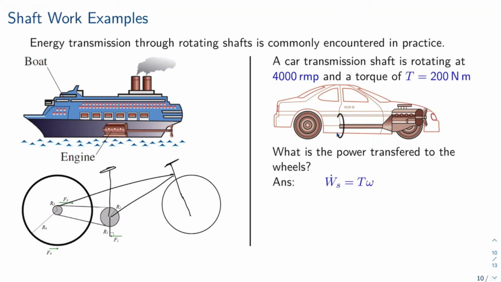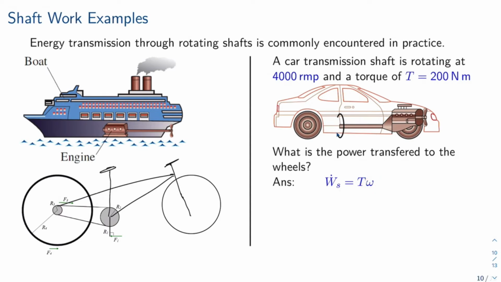So in this example, the car transmission shaft is rotating at 4,000 rpm, and a torque of 200 newton meters is applied. The question is, what is the power transferred to the wheels by the motor? The power is given by the torque multiplied by the angular velocity.